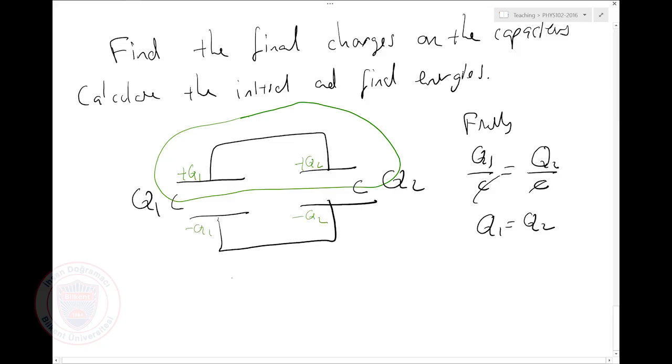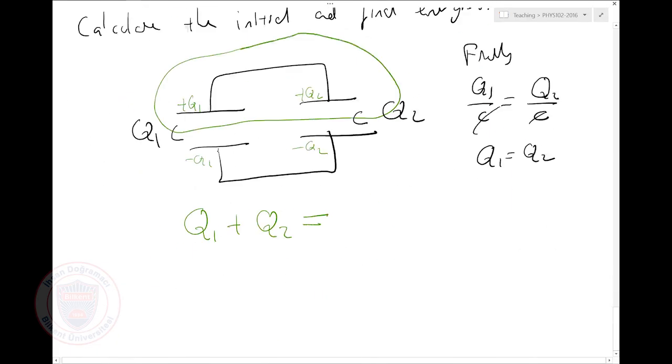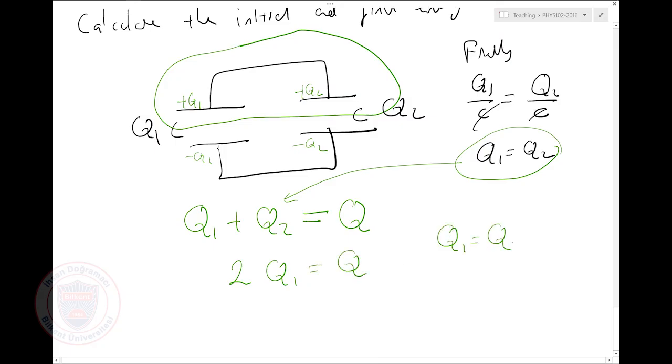The total charge will be Q1 plus Q2, and that must equal the initial total charge, which was Q plus 0, which is Q. Now I know that Q1 is equal to Q2, so 2Q1 is Q. Q1 equals Q2 equals Q over 2. Not very surprising. Okay, that's pretty much what I would expect. If I have two identical capacitors, they would share the charge.